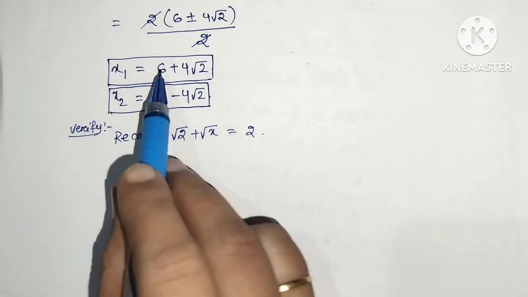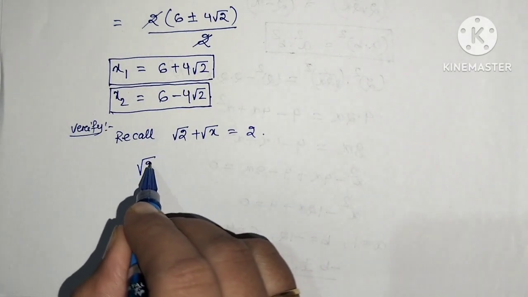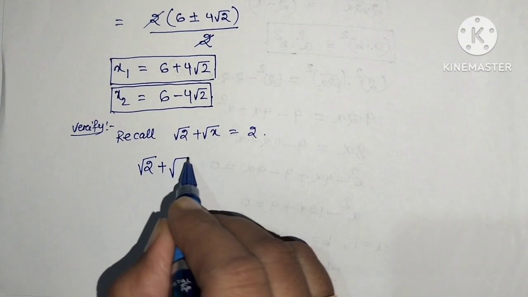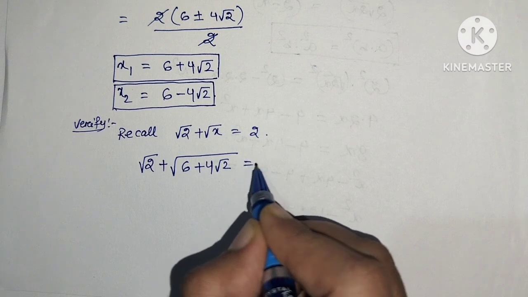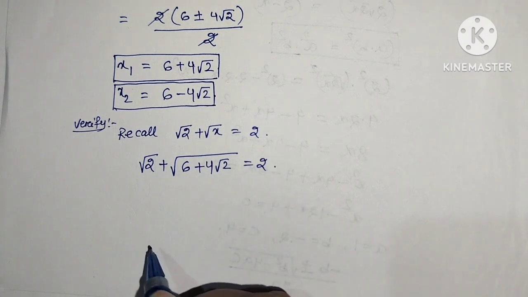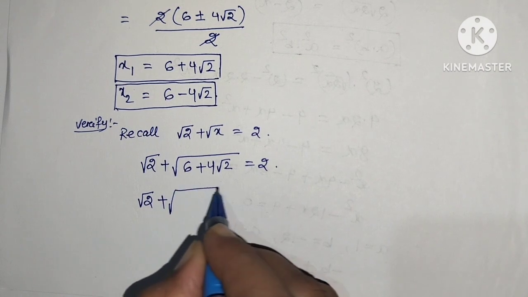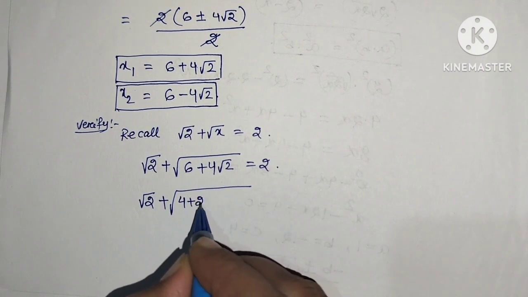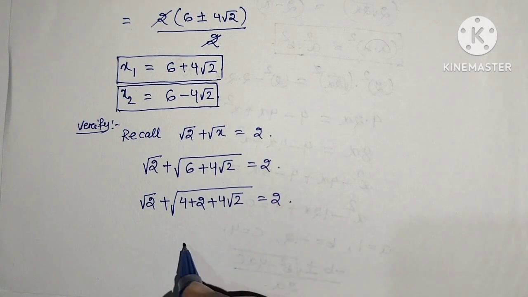Then we put in the x1 value. Root 2 plus root of 6 plus 4 root 2 is equal to 2. Then 6 we split, 4 plus 2 plus 4 root 2, is equal to 2.